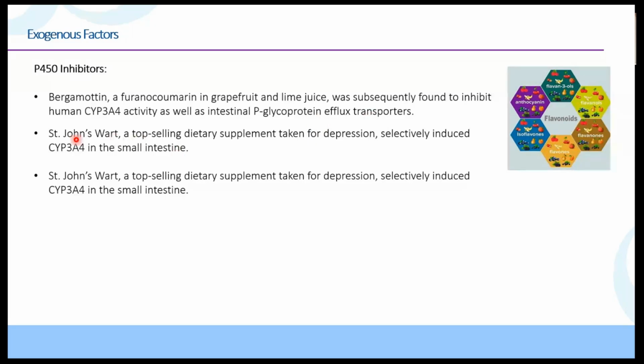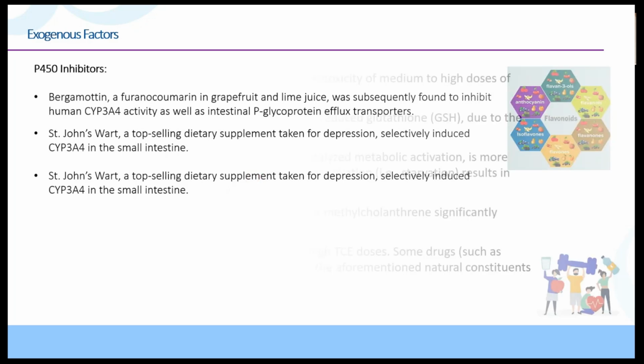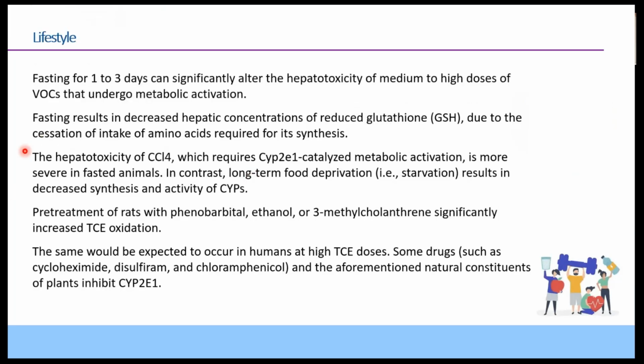Another example is St. John's wort, which is a top-selling dietary supplement taken for depression. This selectively induced CYP3A4 in the small intestine. That is why all these CYP interactions are studied early in the discovery phase in the PK studies.